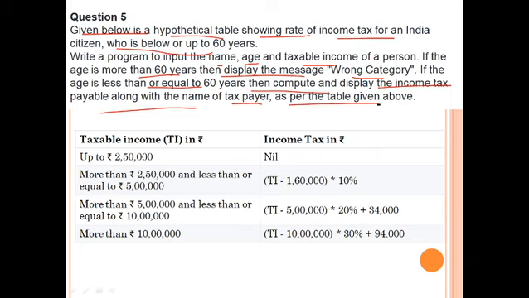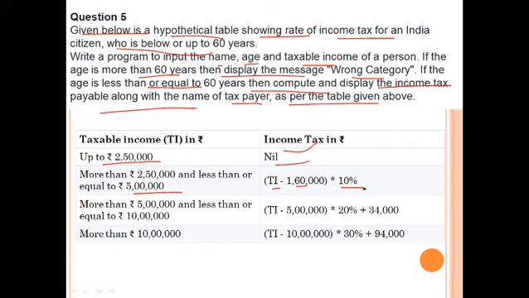So if the age is less than 60 years, then up to 2,50,000 the income tax is nil, means zero. More than 2,50,000 and less than 5 lakh, T1 is the tax which you calculate here, T1 minus 1,60,000, 10%.